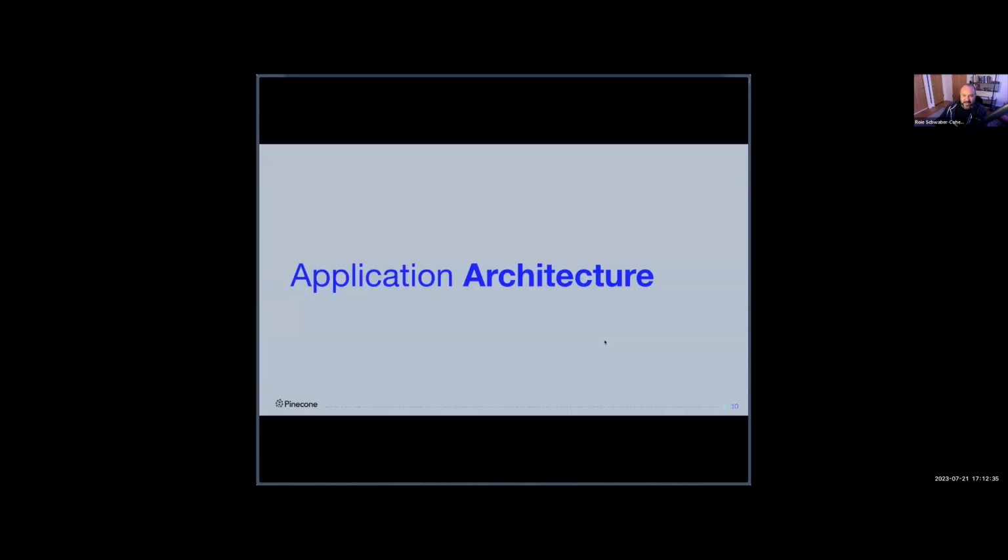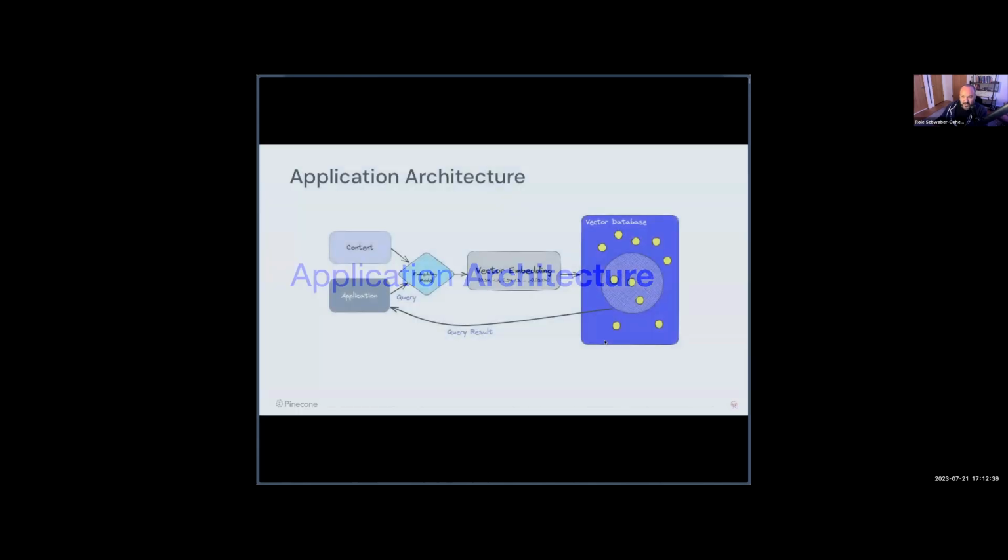Okay, cool. So how do these applications work in general? Like I mentioned, in most cases you interact with some content, we can call it our knowledge base. The first phase of building the application will be to take the content, embed that content, and then save those embeddings in the vector database.